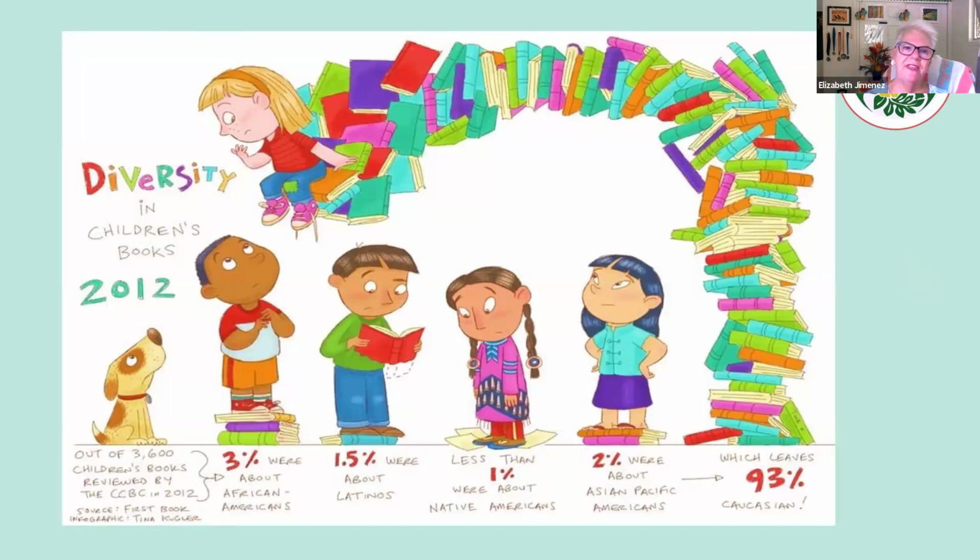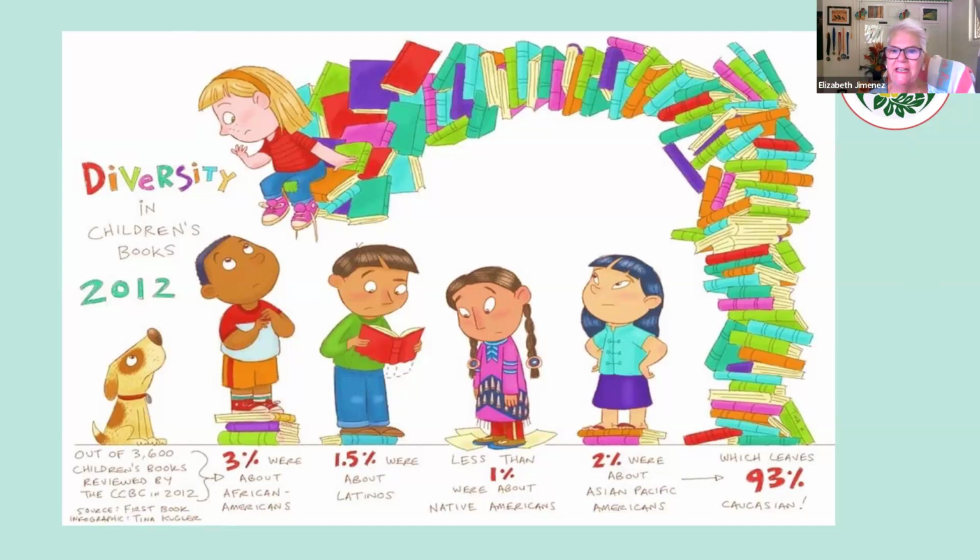So if you look at this infographic, you can see that the books are categorized by different ethnicities. And we have the largest group of books that are published in 2012, which I asked the students, were you alive in 2012? And still they're telling me yes. So we'll get to a place where no, but in any case, 93% of the children's books had Caucasian protagonists.